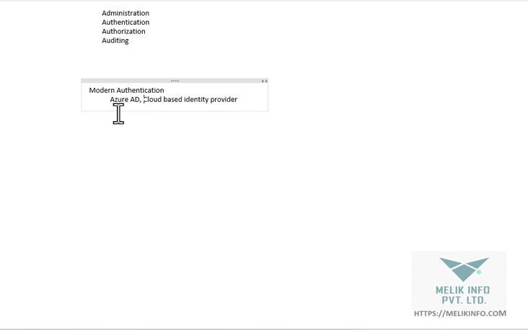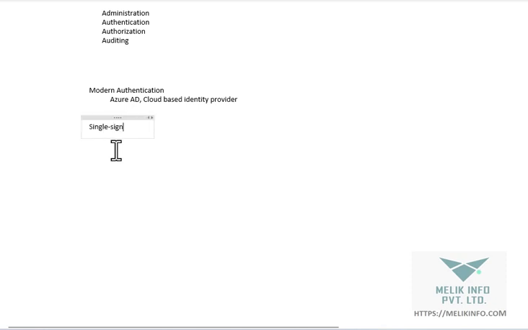Now, we have the single sign-on concept, which is supported by modern authentication.